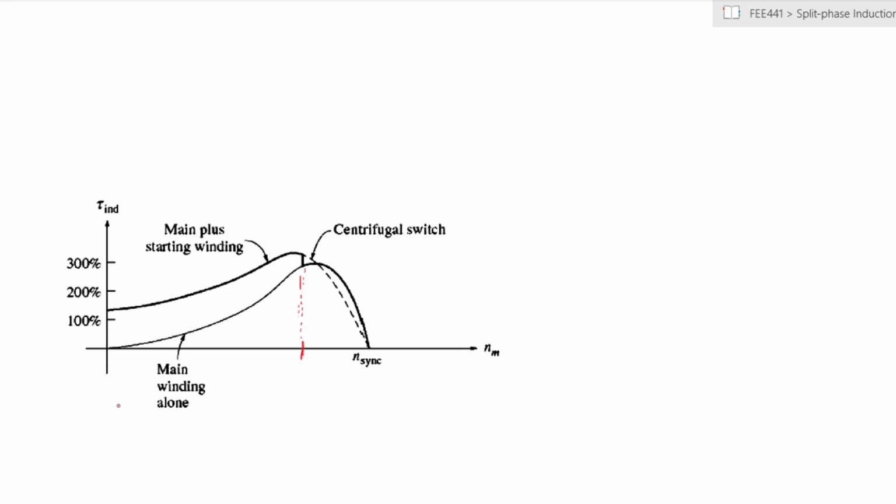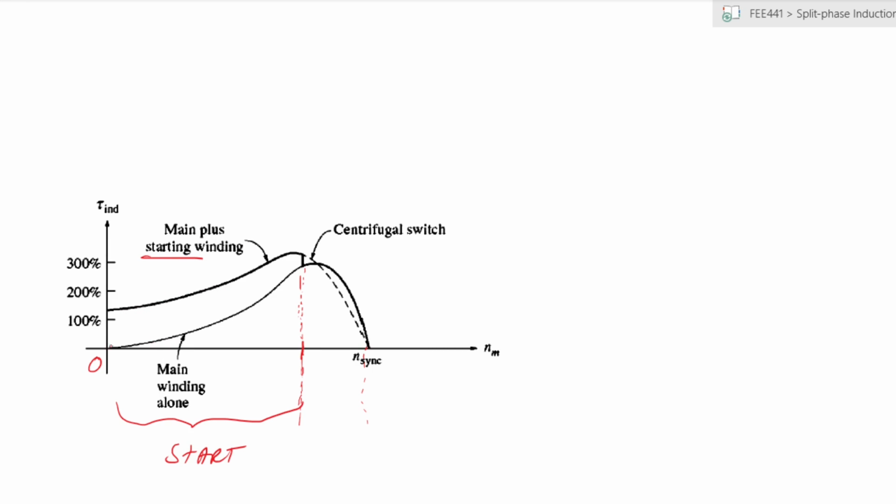So the first starting phase of the operation of the motor, when you have from 0 speed up to a certain speed where it is near to its normal operating speed, we have the main winding and the starting winding being used together.